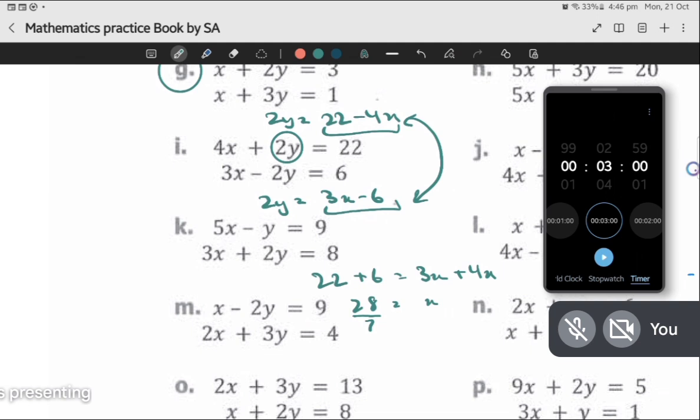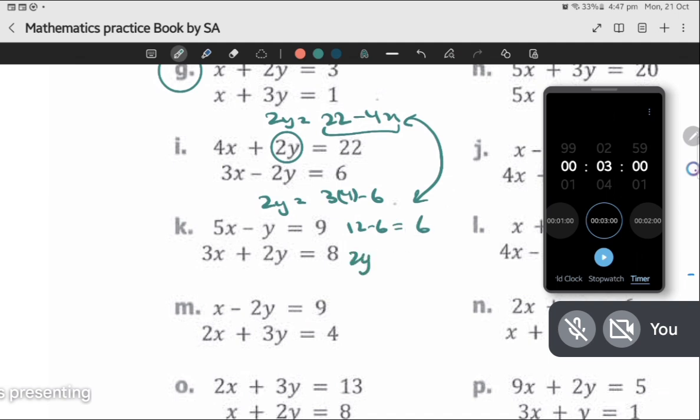What's the value for x? 4. Yeah, now you have x equal to 4. Let's put x equal to 4 in this equation. We found the value of y, right? So if we put 4 here, what does this become now? 12 minus 6, yeah, is equal to 6. 6 is equal to 2y.